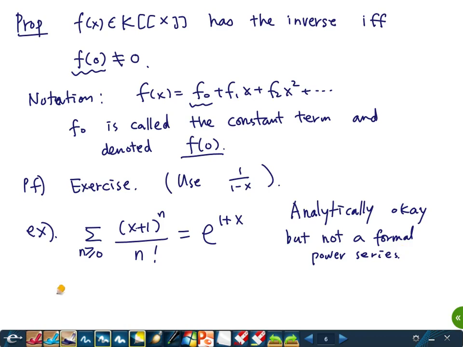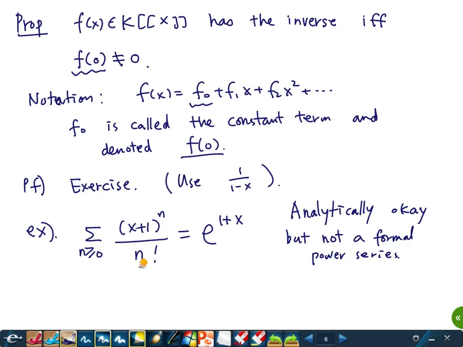Why? By formal power series, I mean we have to compute the coefficient of x to the n in finite time, in a finite sum. We don't want to consider an infinite sum. Although I wrote this as an infinite sum, we don't really sum this. It's just an expression.